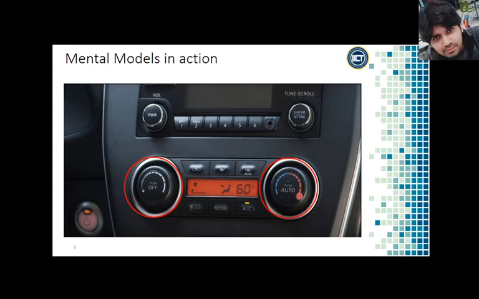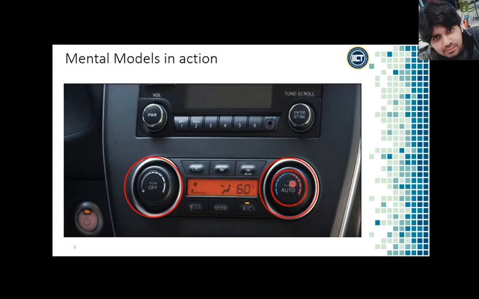I understand this and I can relate to this because most of the current cars have the same system as this one. But the problem is, if I want the car to control the air conditioning automatically, I can push this auto button and it will control the car.